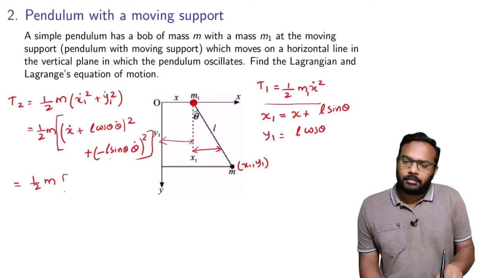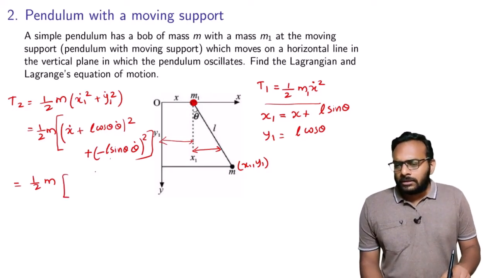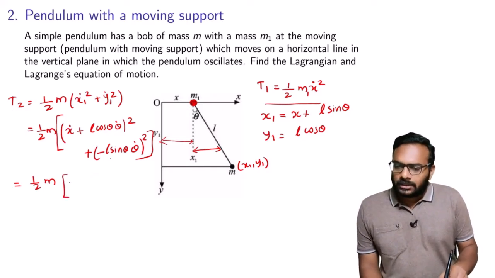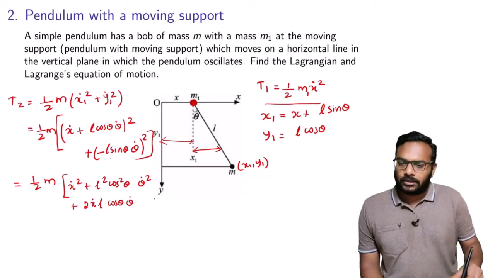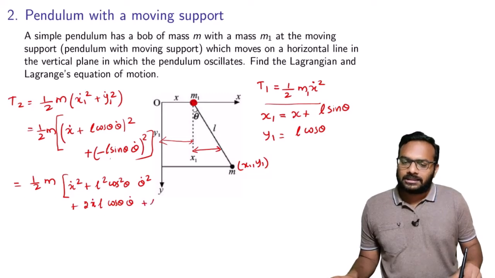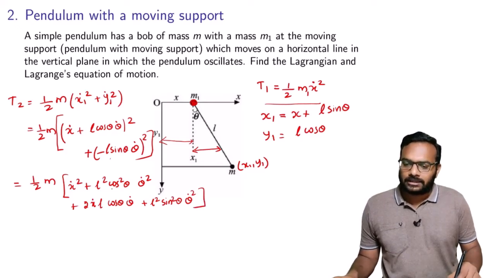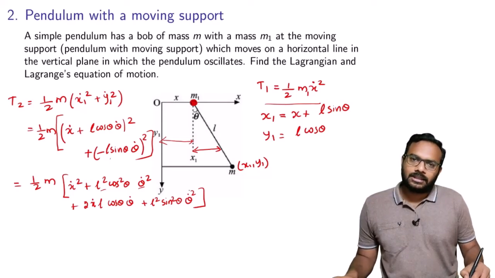So it's half m times x dot squared plus L squared cos squared theta theta dot squared plus 2 x dot L cos theta theta dot plus L squared sine squared theta theta dot squared. Can we further simplify it? Yes, if you take L squared theta dot squared outside, we have cos squared theta plus sine squared theta.